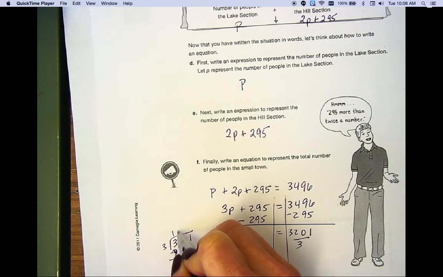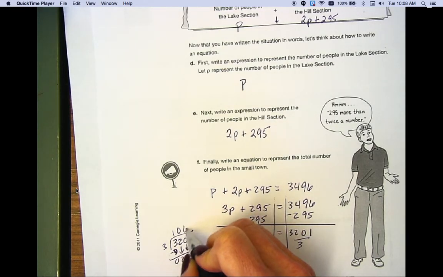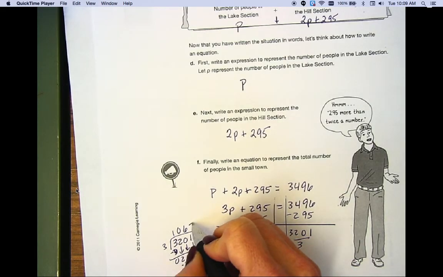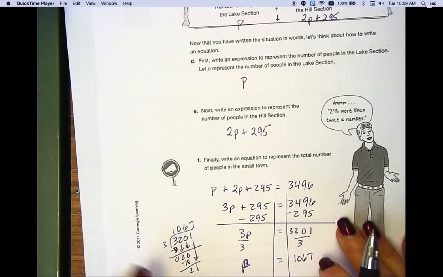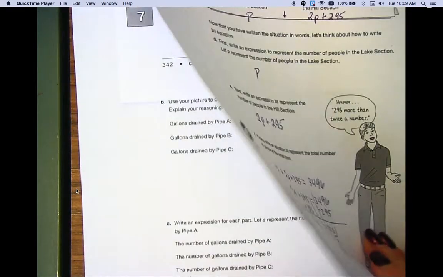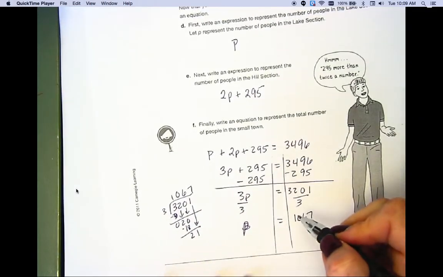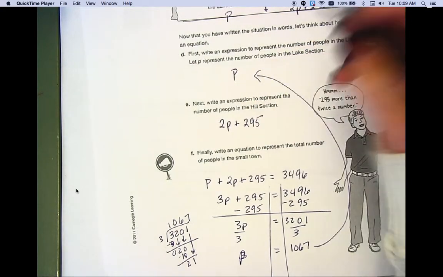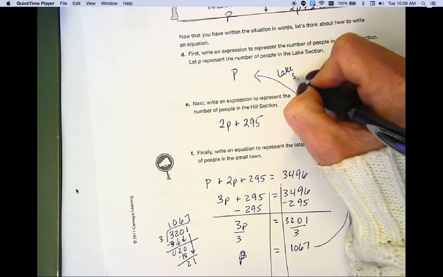Bring down the 2, that goes in 0, bring down the 0, 3 goes in 20, 6 times is 18, subtract, I get 2, bring down the 1, 3 goes into 21, 7. So P is 1,067. That means, looking back up above, that's the number of people who live in the lake section.